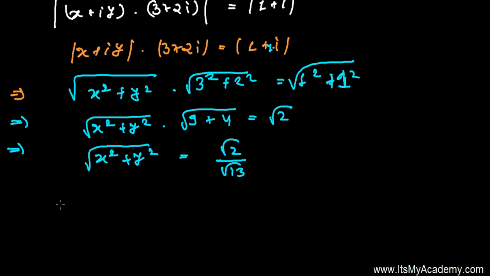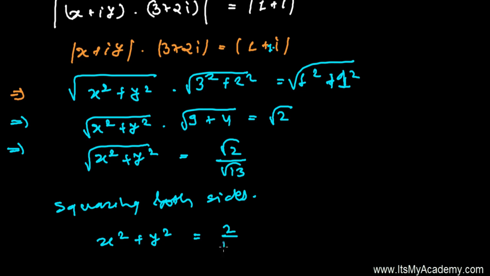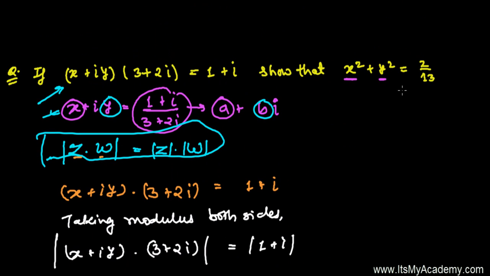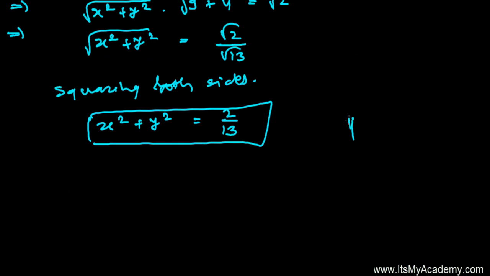Now let's square both sides. We'll get x square plus y square equals 2 over 13. Let's check what the question is saying. Yes, we proved it: x square plus y square equals 2 over 13, and that's what we have written here. So it's proved.